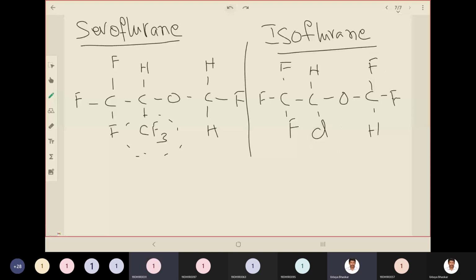Coming to desflurane, let me write the structure of desflurane. Carbon 1, carbon 2, ether, carbon.